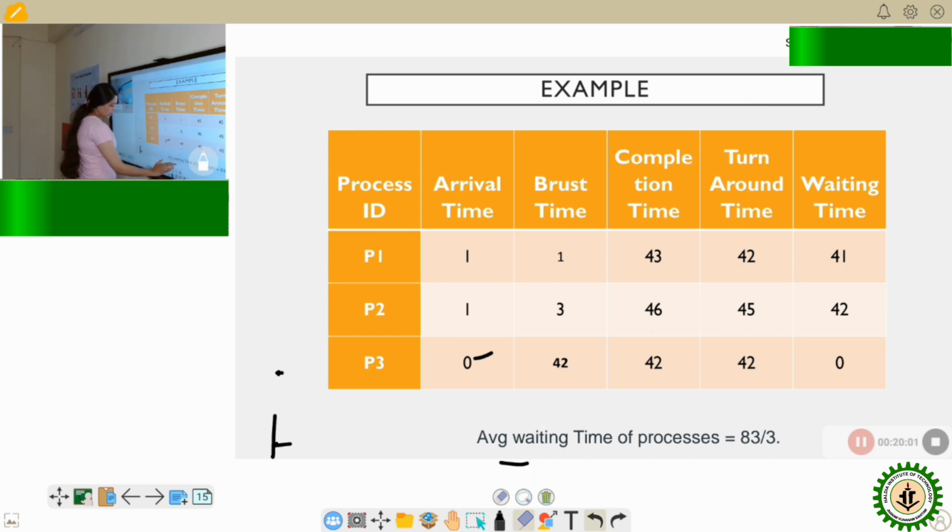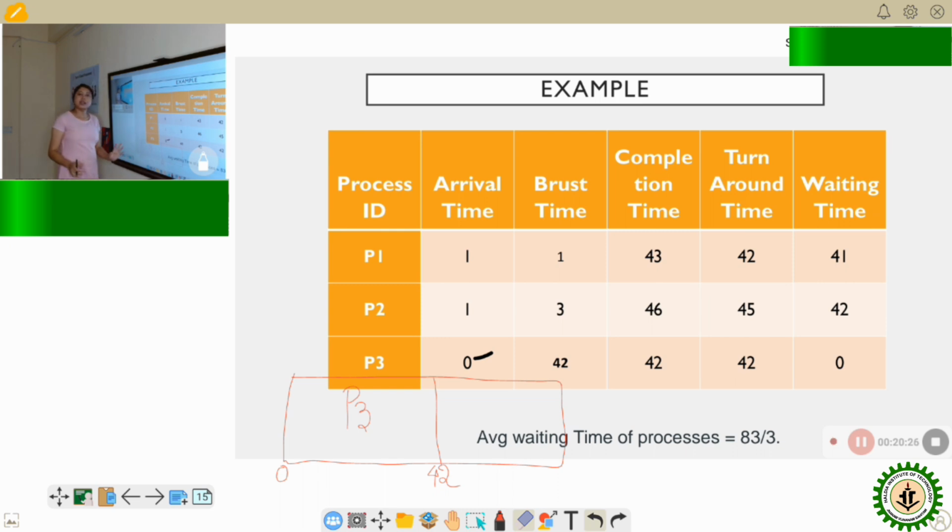As per the term FCFS, as per the Gantt chart, P3 will be executed first from 0 to 42. It's a larger process. Then P1 will be executed for one unit, that is 42 to 43.